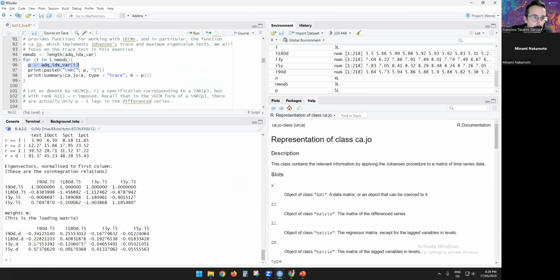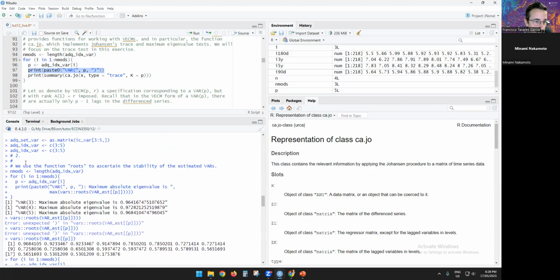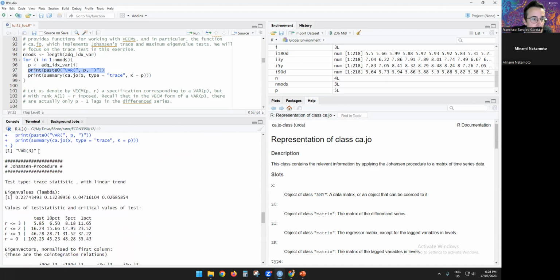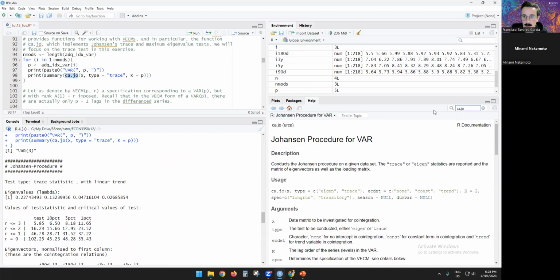First, get the p, as we did before, print, paste, VAR, and so on. So we're just indicating which VAR we're analyzing first. And then we're printing the summary of this function, ca.jo, for Johansen, the Johansen procedure for VAR. Inside of it, we have both eigen and trace tests. We're telling it we want to do a trace test.